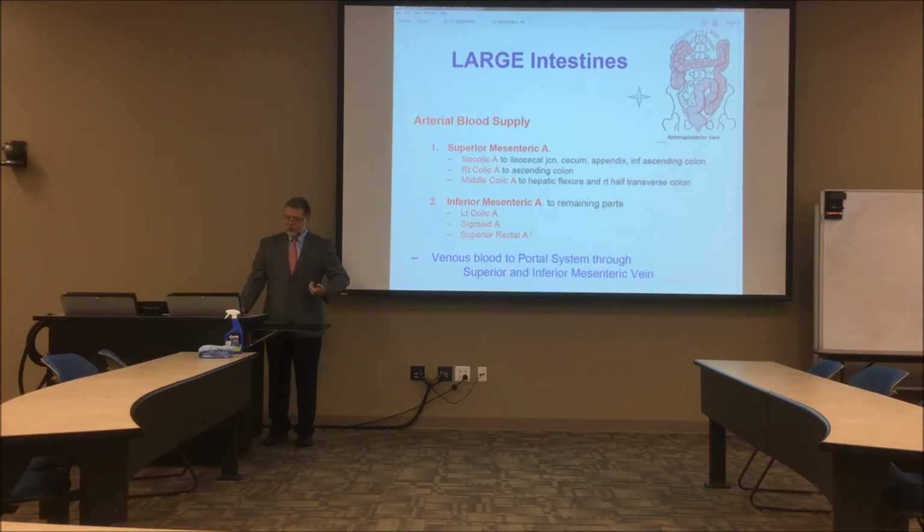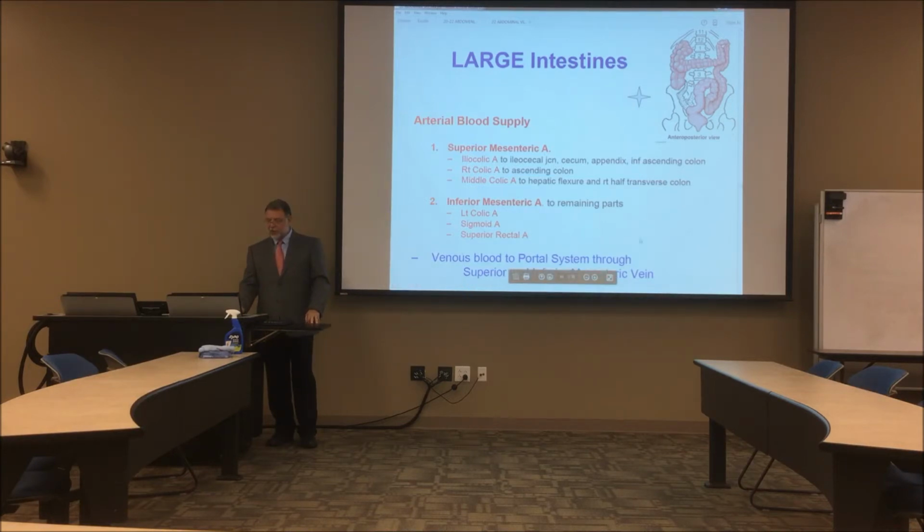All of those are given for the left half of the transverse colon, the descending colon, and even the splenic flexure of the colon going into the descending colon. That's going to be the left colic artery. Then the sigmoid artery for the sigmoid colon, and finally the superior rectal artery for the rectum.